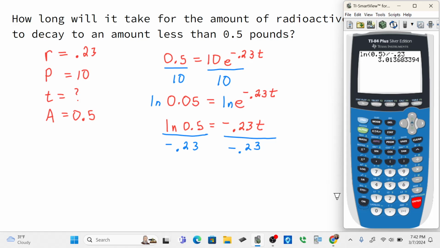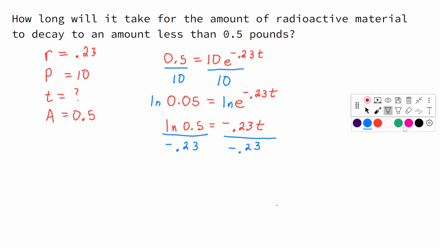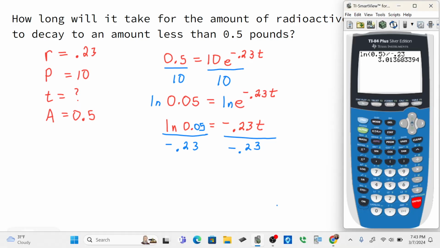approximately, oops, it shouldn't be 0.5, it should be 0.05. I didn't transfer my numbers correctly, so let me rewrite my problem. This should be 0.05, not 0.5. That number seemed a little high to me, or a little low, excuse me. So now let's try that calculator again using the correct value.